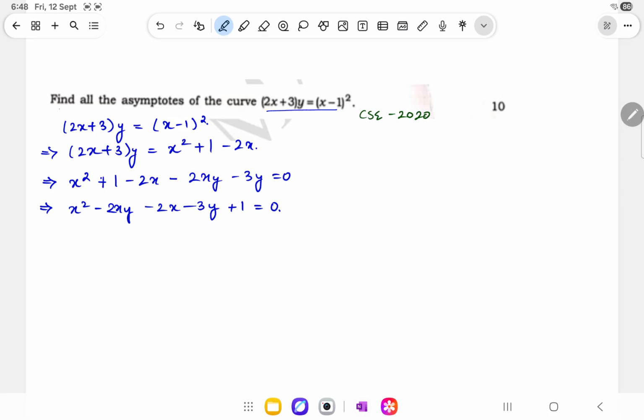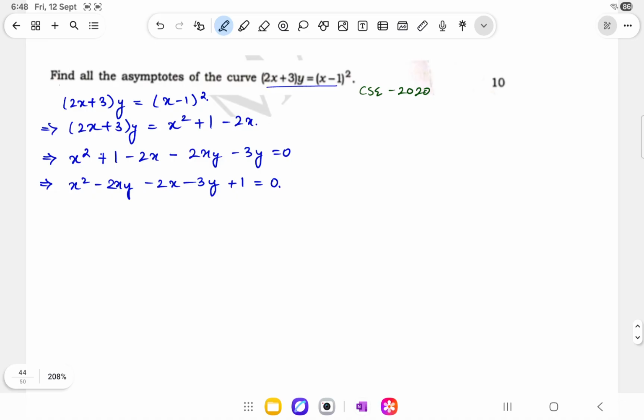So the first thing that we do is we check if we have any asymptote parallel to the x-axis or y-axis. For that we basically compare the highest degree term, the coefficient of the highest power of x, equal to 0, and likewise for y. So x square is the highest degree term involving only x.